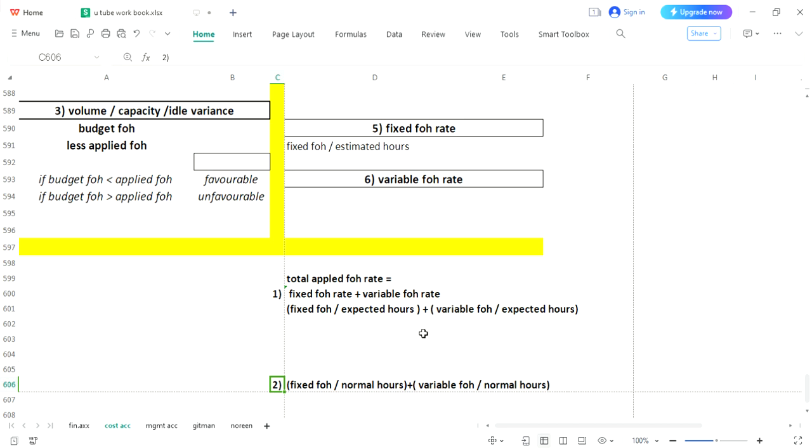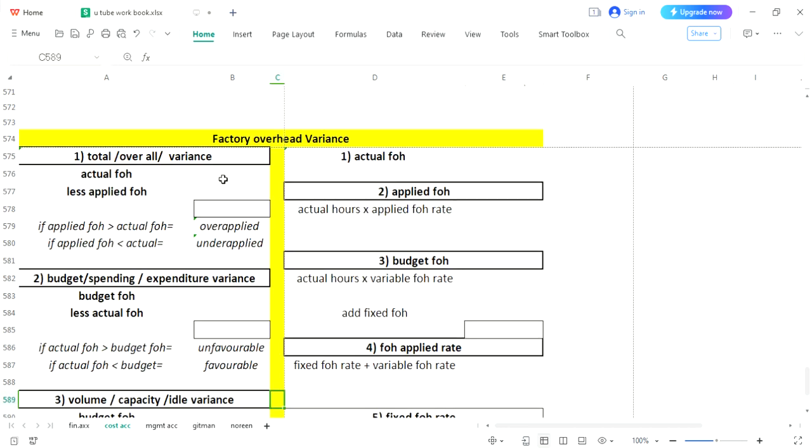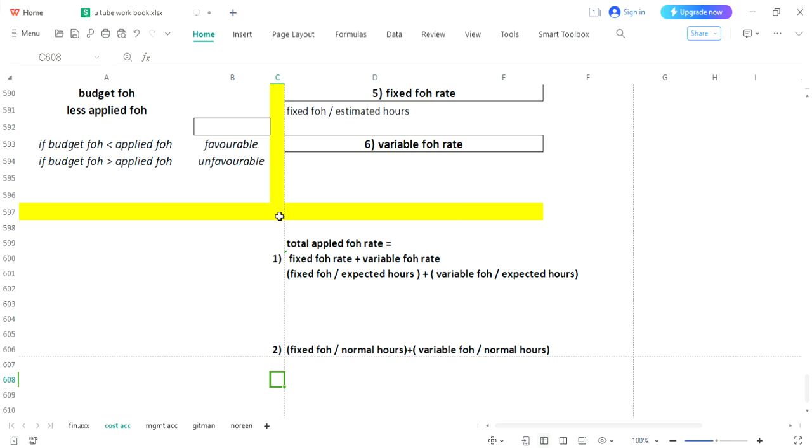For this we need to go to the question to see what the different inputs are. Factory overhead is at expected actual capacity of 80,000 hours, Rs. 1 lakh. This is total FH and these are expected Rs. 6 lakh is fixed, 4 lakh is variable. So our problem has been sorted out. We will go over here and write down fixed FH and variable FH.